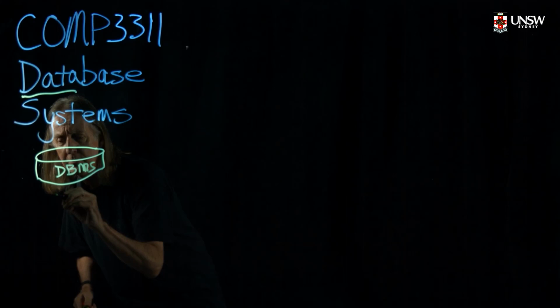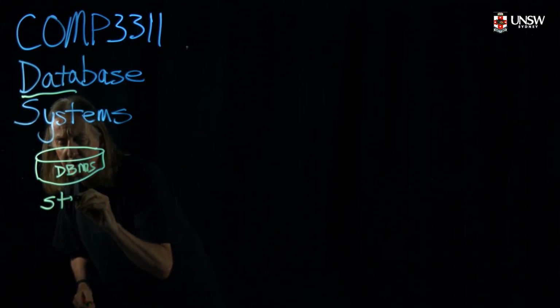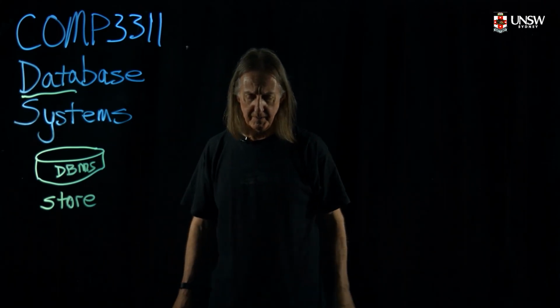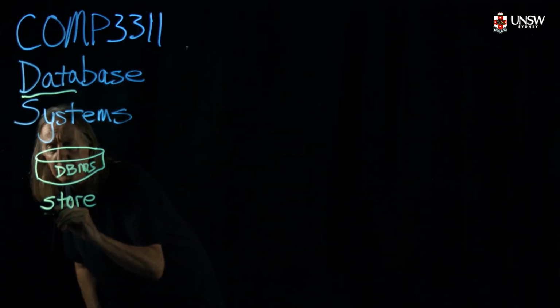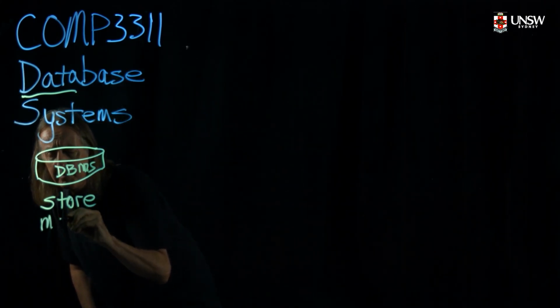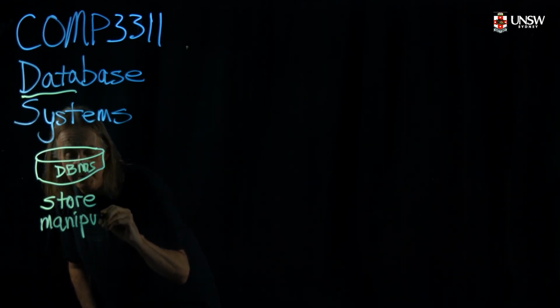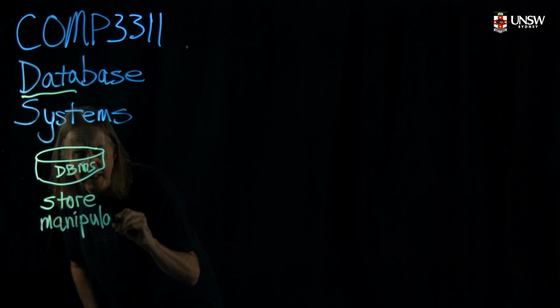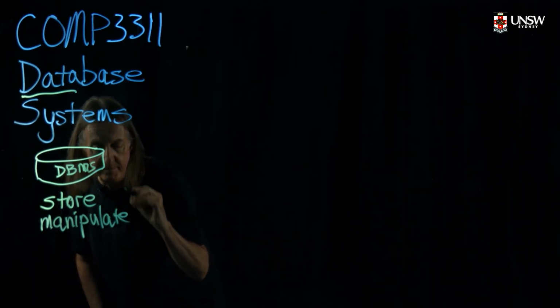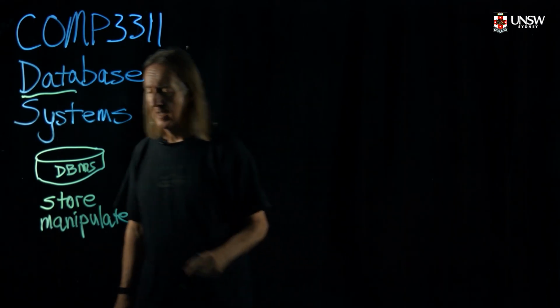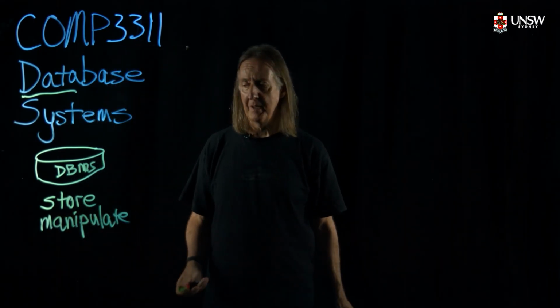So what do database management systems actually do? One thing they do, they store data, clearly, and they manage the storage of that data. The other thing they do is they allow you to manipulate data, which means insert new bits of data, modify existing data, delete data, and also ask questions about the data.